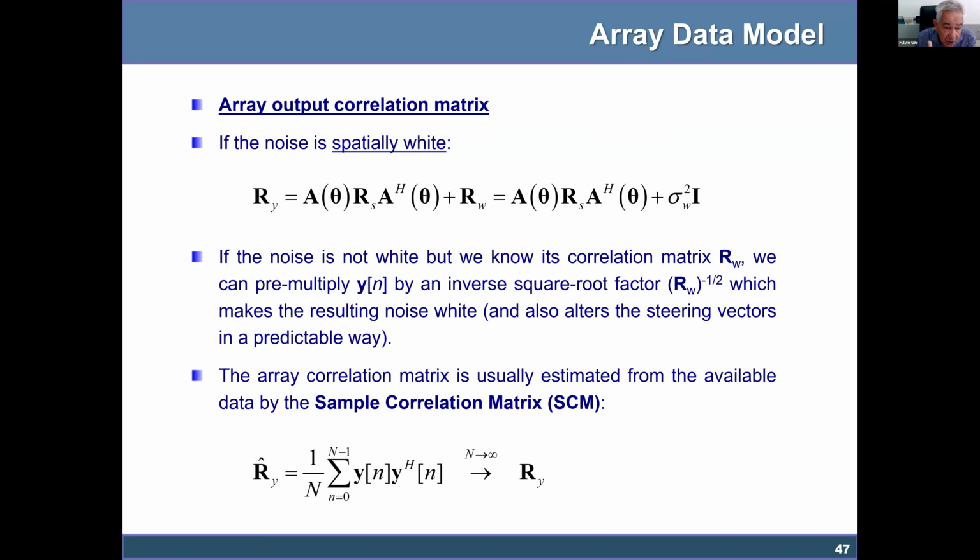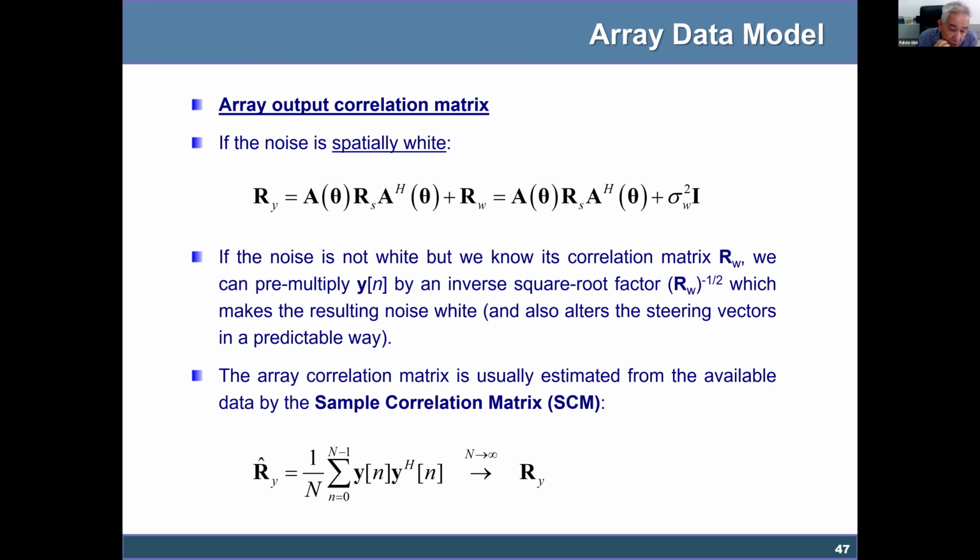This information, the second-order statistics, the autocorrelation matrix, unfortunately is typically unknown. So what we have to do is to estimate the correlation matrix.